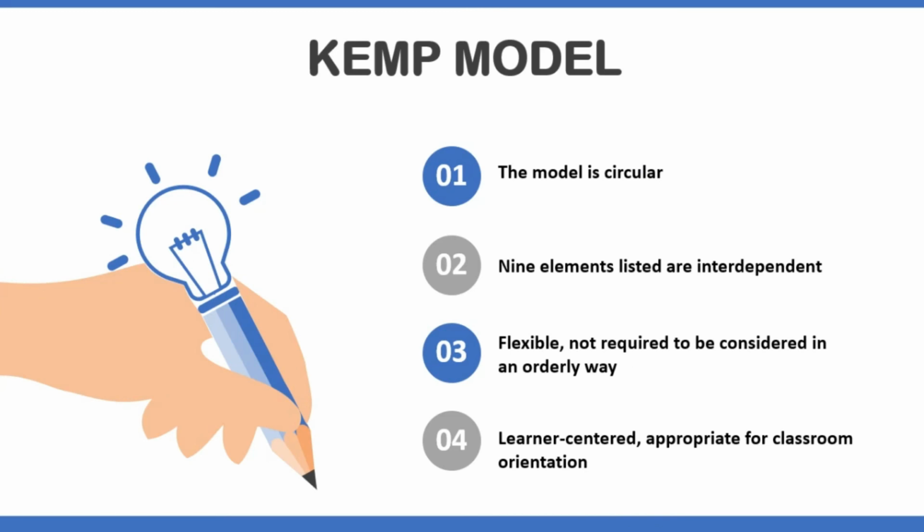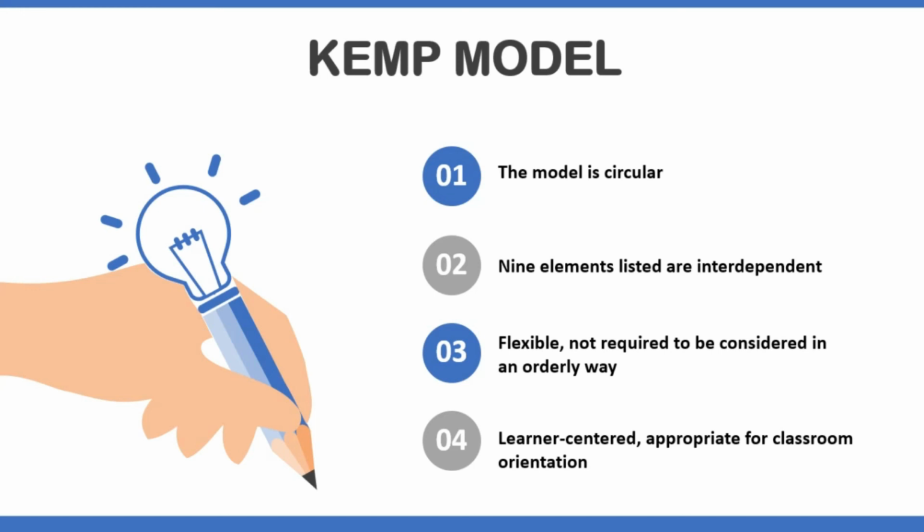Based on the above figure, we can conclude that the Kemp instructional design model has the following characteristics. First, the model is circular rather than linear as opposed to the Dick and Carey model. Second, the 9 elements listed are interdependent, which means that all elements can be performed simultaneously.